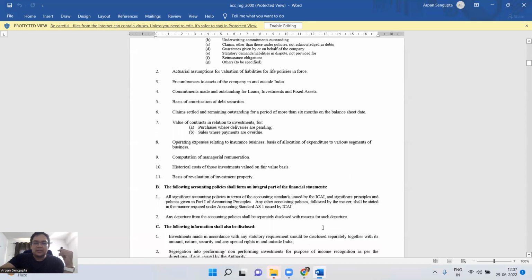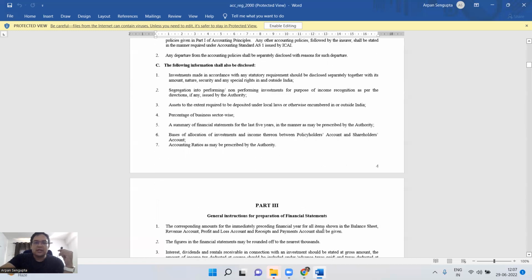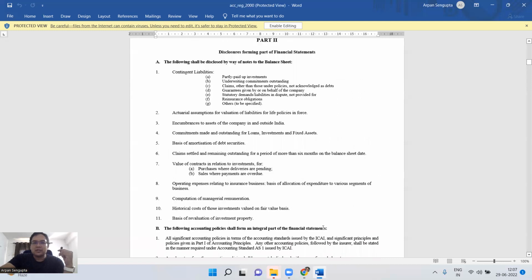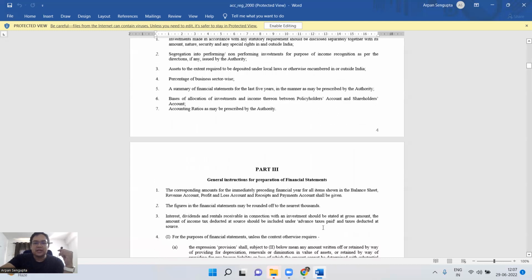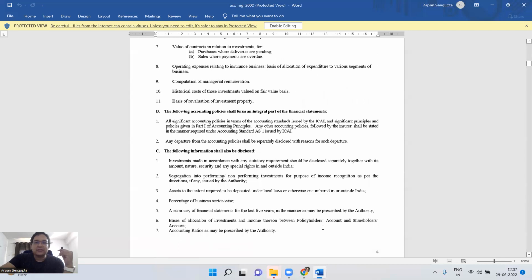Basically, there are other portions in the regulations which are not that important, which are written for disclosures of financial statements and general instructions for preparation of financial statements.